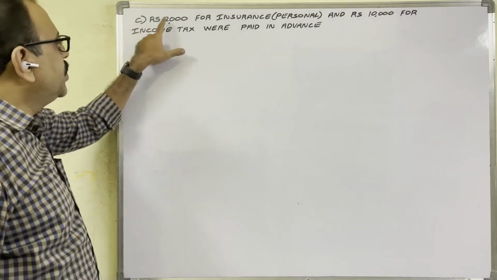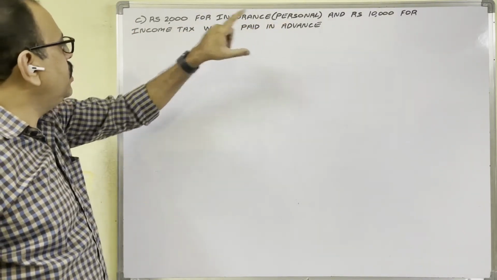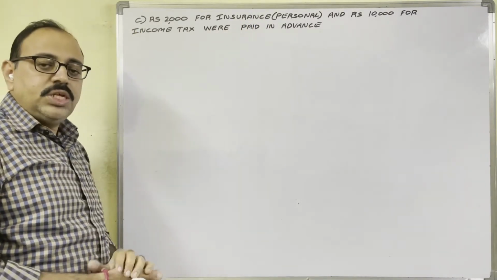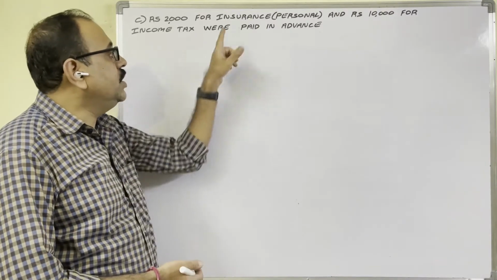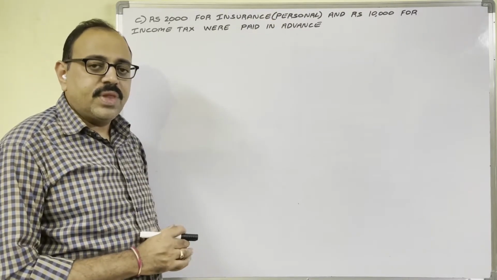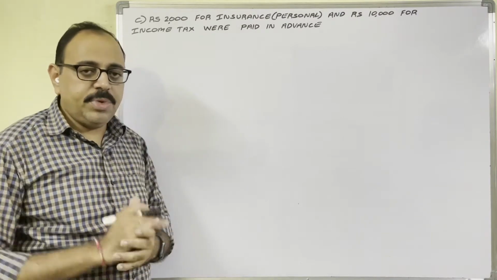Adjustment C: 2,000 rupees for insurance, personal, and 10,000 for income tax were paid in advance. This is a sole proprietorship business. So for a sole trading concern, insurance personal means the owner of the firm has taken a life insurance policy. So he has to pay premium.